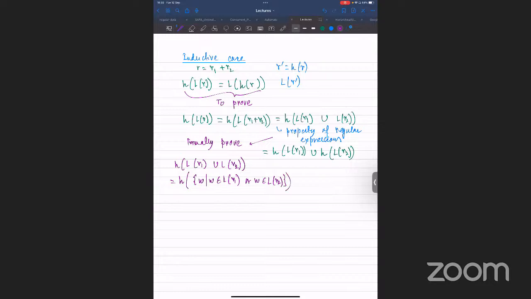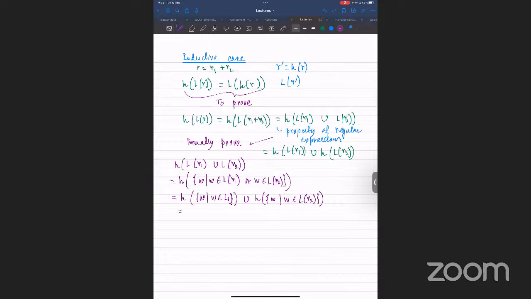Clear? Now this is equal to H of W such that W belongs to L of R1, union H of W such that W belongs to L of R2.